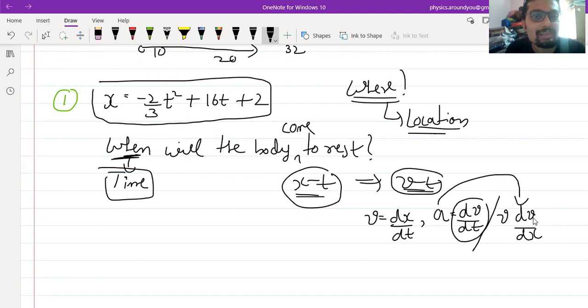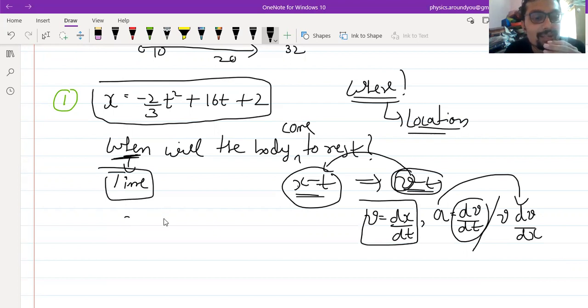What should I do here? Which formula should I consider? I need the time at which it comes to rest, the time at which velocity becomes zero. It is obvious that I need a relation between velocity and time, but I know distance and time. How can I relate velocity to distance and time? v is equal to dx by dt.